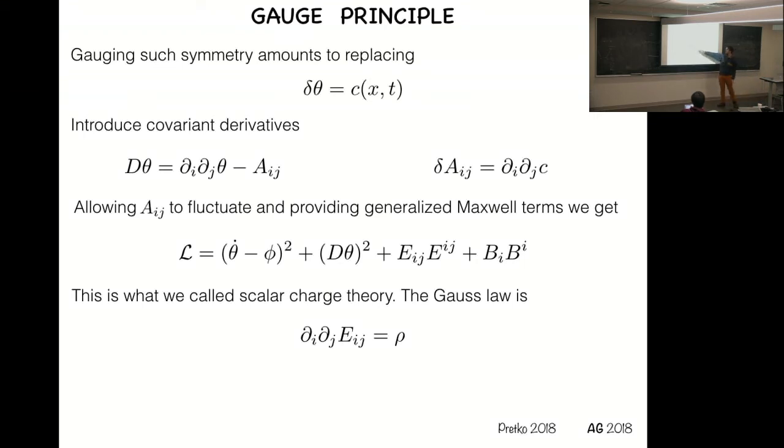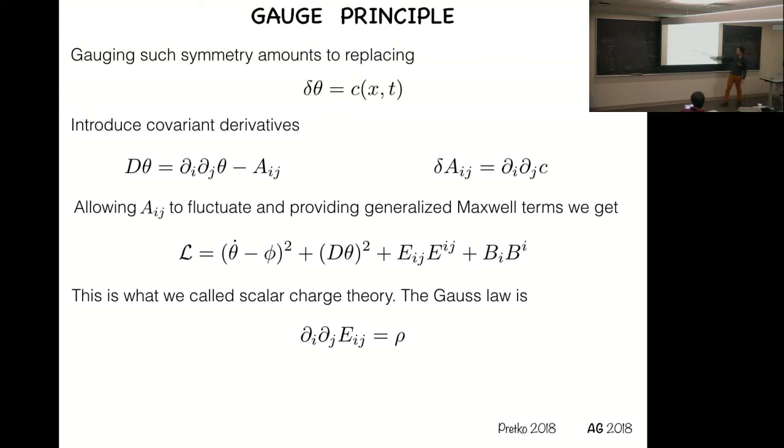What I'm going to do is introduce a covariant derivative where I take d_i d_j theta and subtract A_ij. If you ever worked with a real scalar, that's essentially the same thing, but for a real scalar it's d_j theta minus a vector potential. Here it's d_i d_j theta minus a tensor potential. Not much difference as far as formalism is concerned.